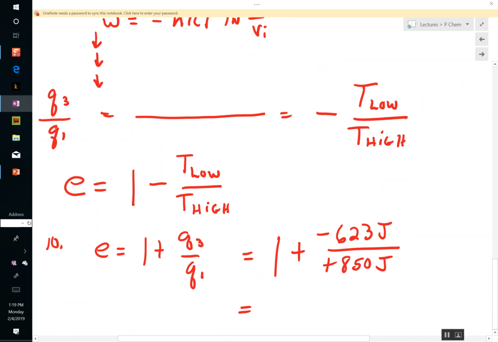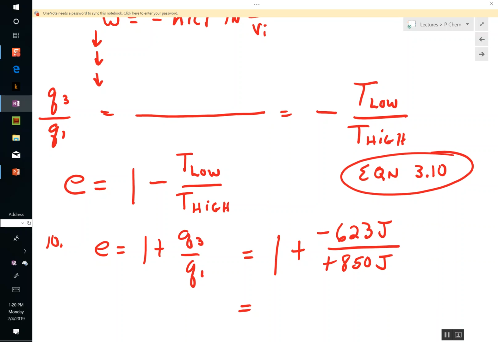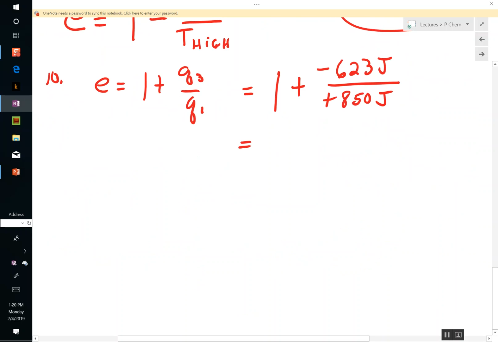It's equation 3.10. So those are important equations. And then there are some places where they use both of those two efficiency equations simultaneously to address something. Okay, let's see what 11 is.